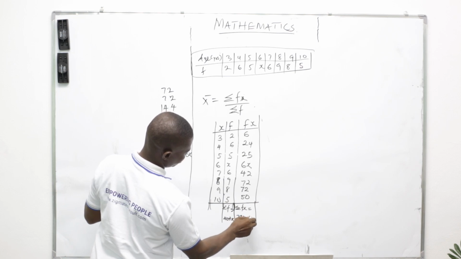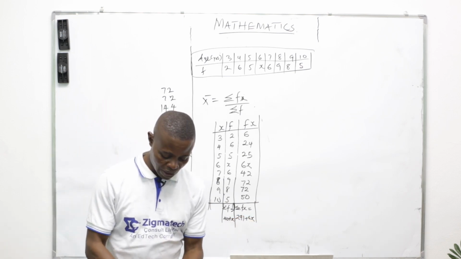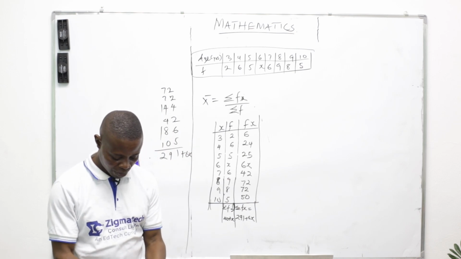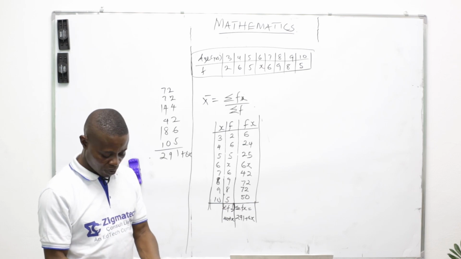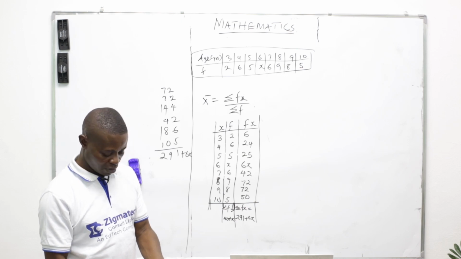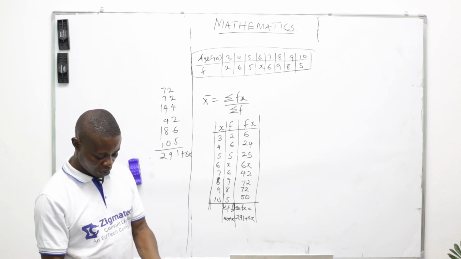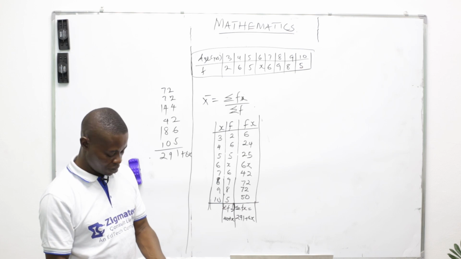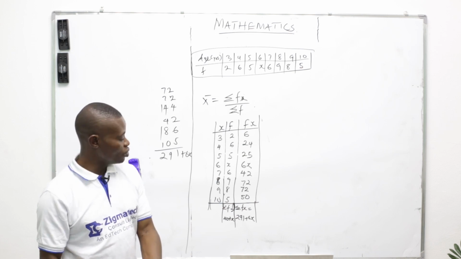Our total here is 291 plus 6x. Okay? Just to confirm what we are doing, let's check our calculator. 6 plus 24 plus 25 plus 42 plus 72 plus 72 plus 50, 291.